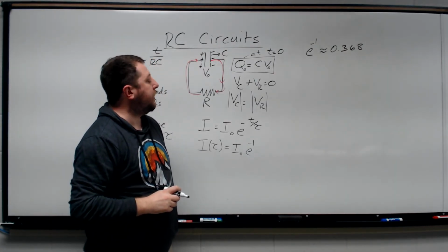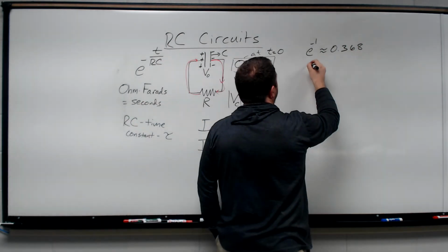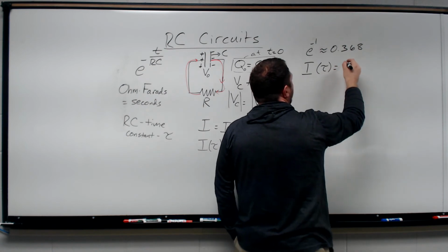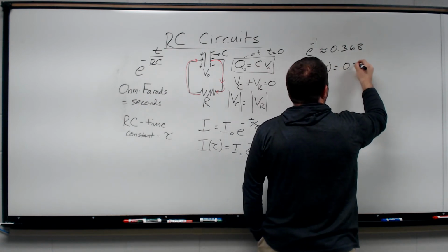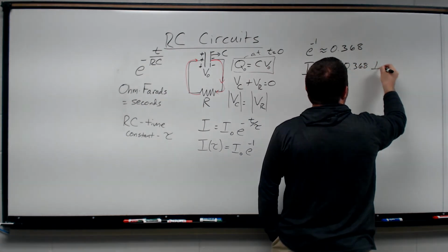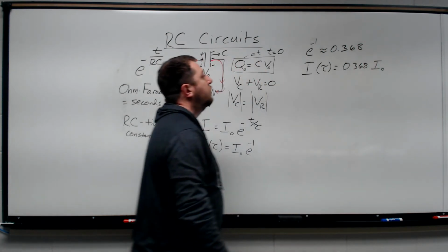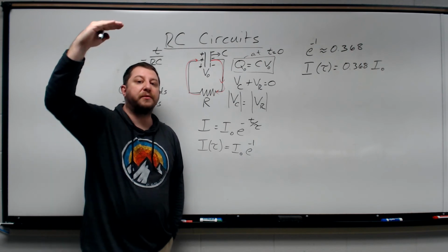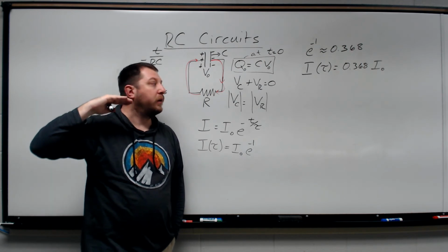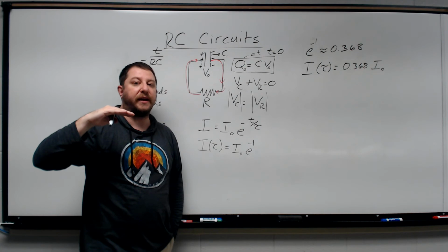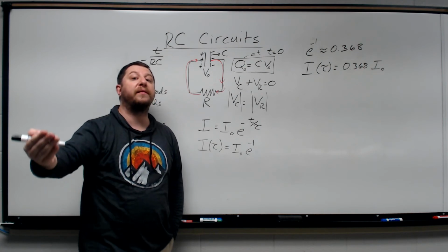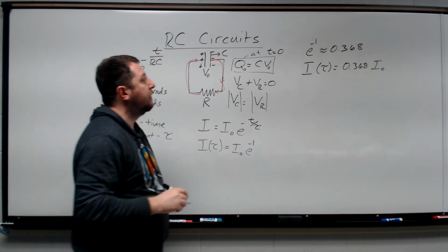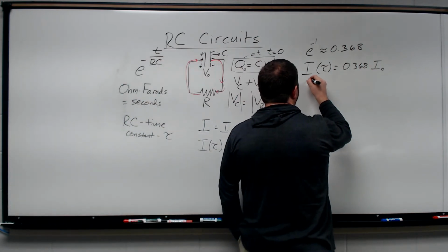And so what that means is I, at one time constant, would be 0.368 times the original current. Okay? So your current would have dropped from its original amount to 36.8% of its original amount. Or it would have lost, in other words, 63.2%.